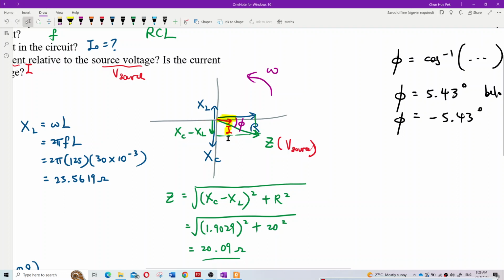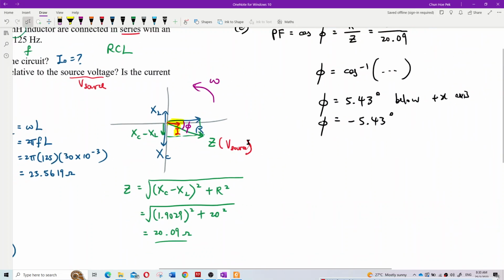So the current is the boss now. For XC, current is the boss. For XL, the voltage is the boss. You see, the current leads V source, rotating anti-clockwise.